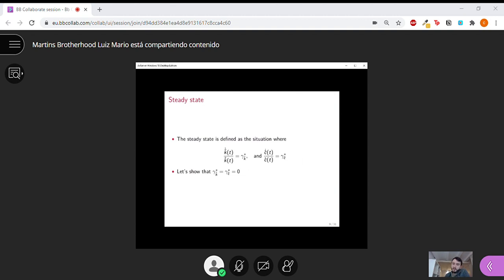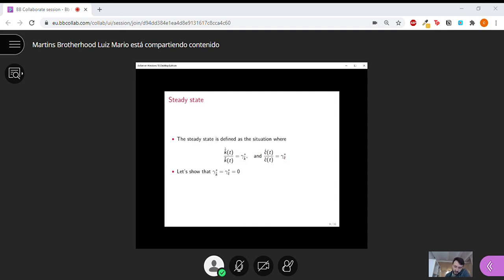So here is just a proof that the steady state is a situation in which the variables are constant. Okay? So let's define the steady state as a situation in which the rates of change of the hat variables are constant over time. So we denote the rate of change of K hat as gamma K hat star, and for C we have gamma C hat star.